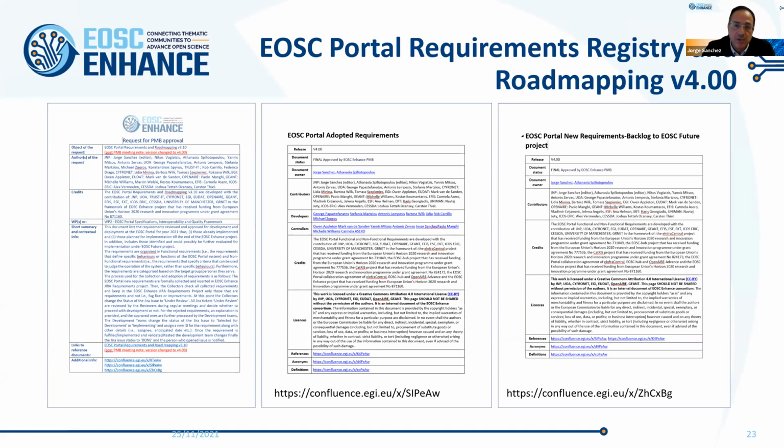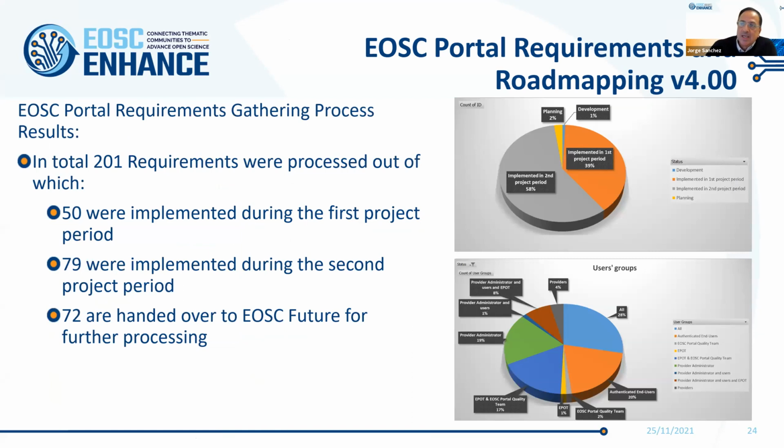Some of those approved, some of those are in the backlog so that they can be handled effectively by the following project. In total, with this systematic process, we have handled 201 requirements, of which 50 were implemented in the first period, 79 in the second, and 72 are handed over to EOSC Future for further process.